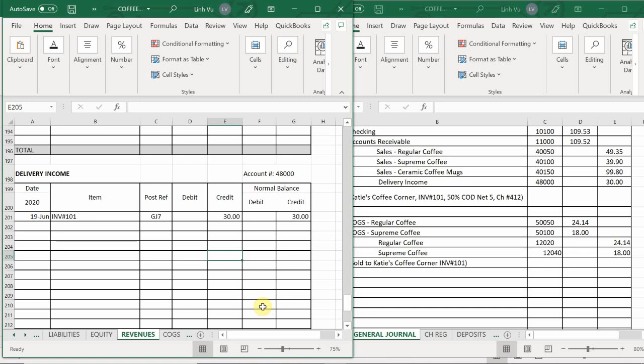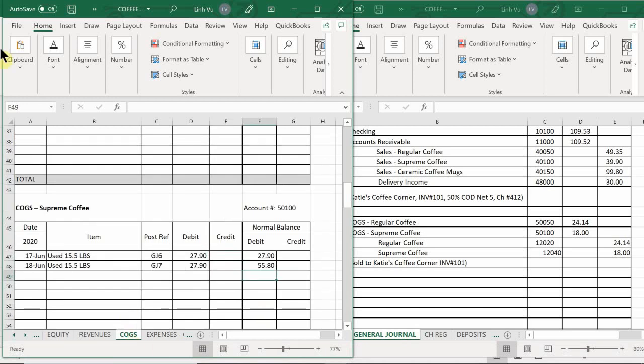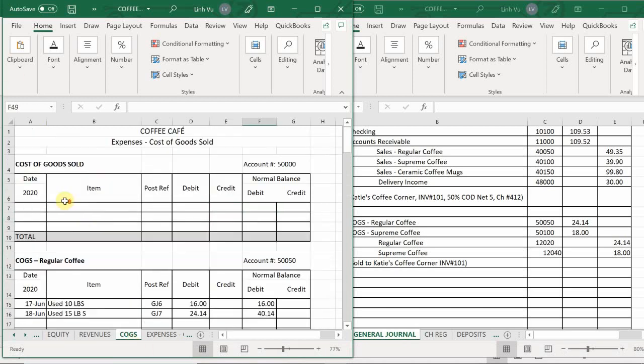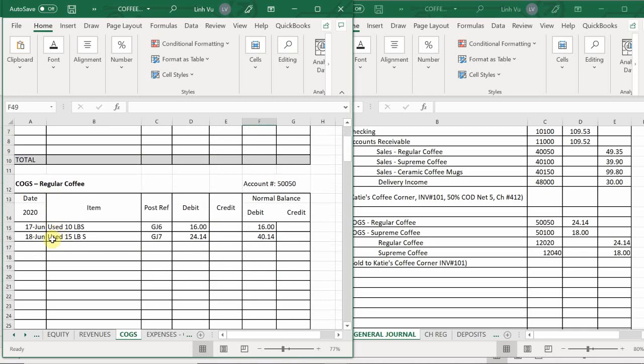So now I need to update my ledger. Again, ledger, cost of goods sold. How many do we have? We have the regular 40 plus 64.28.